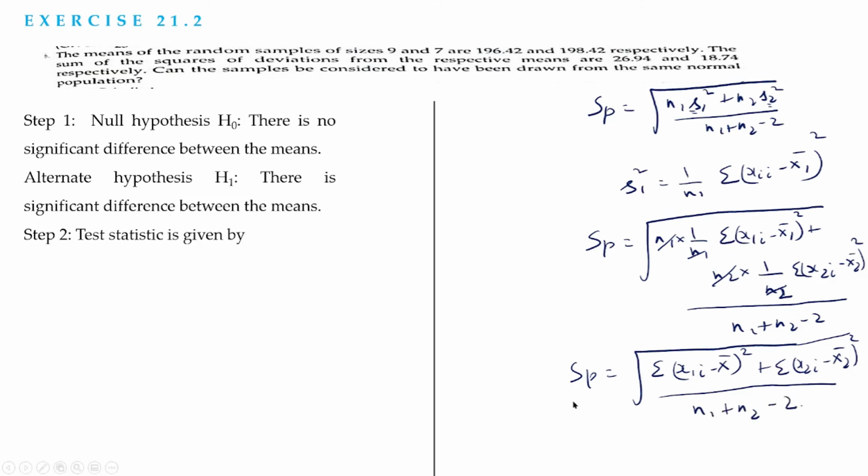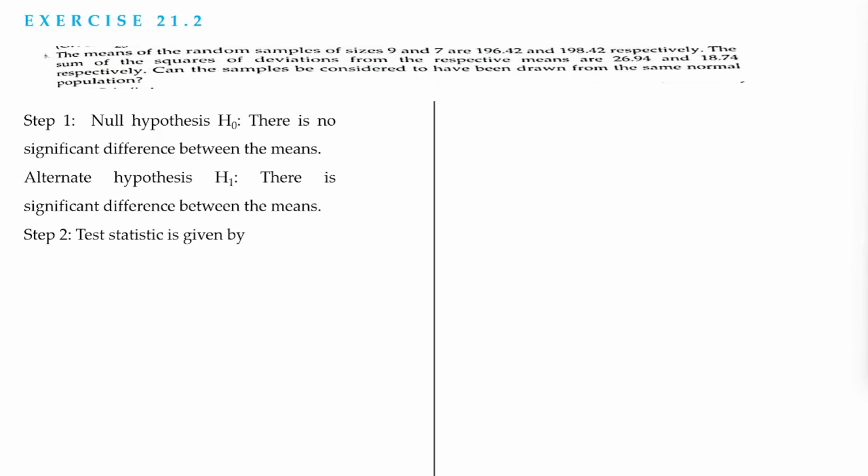We can use this formula because the sum of squares of deviations from the respective means are given. So to find sp, we can use this formula.